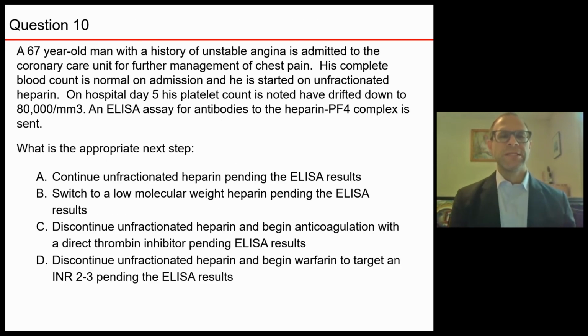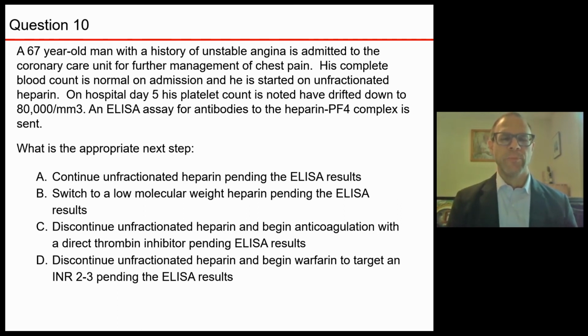The next question, a 67-year-old man with a history of unstable angina is admitted for chest pain. The patient is started on heparin, but by day 5, the platelets are noted to have fallen to 80. A HIT test, PF4 antibody test is sent.